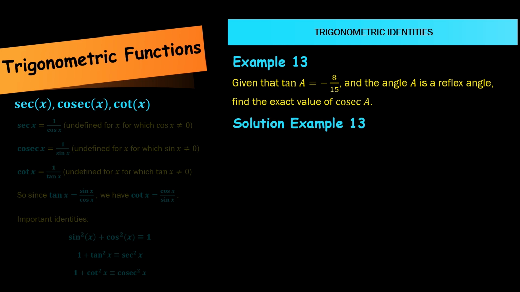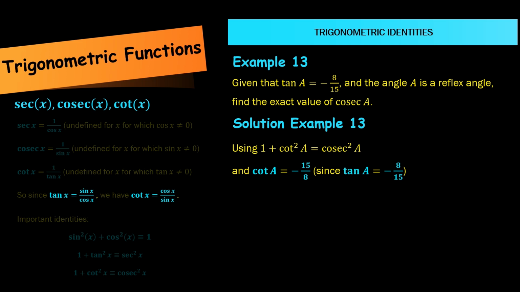We're going to begin by using the identity 1 plus cot squared x equals or is identical to cosec squared x, to give us 1 plus cot squared A equals cosec squared A. Since tan A equals minus 8 over 15, we have that cot A equals minus 15 over 8.